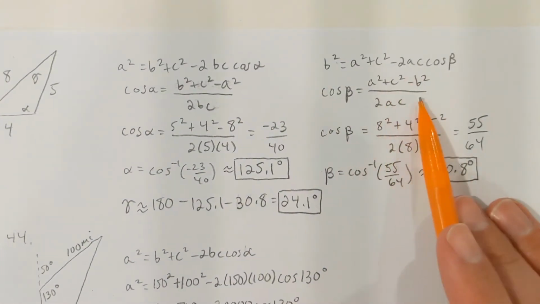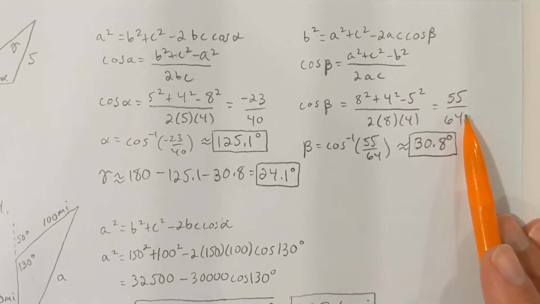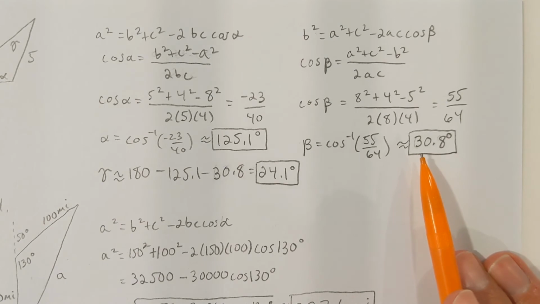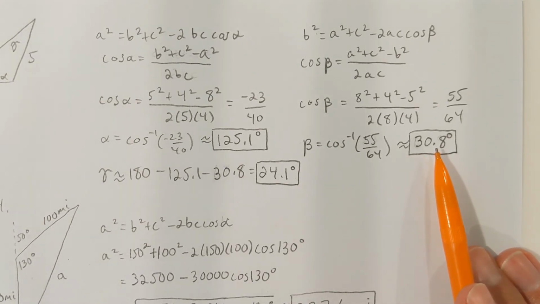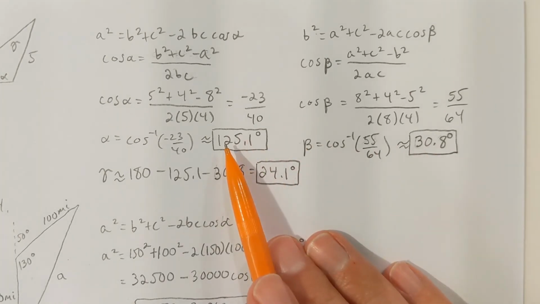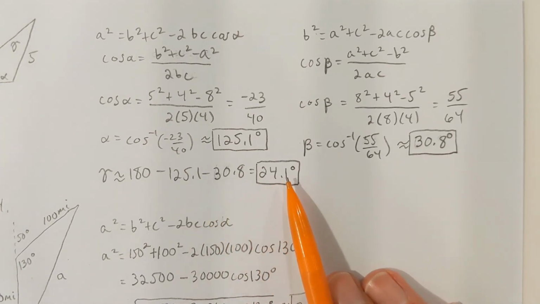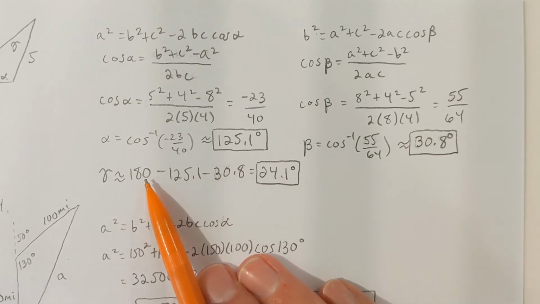So I've plugged in the numbers into the appropriate spots on the right, and then simplified, and then take cosine inverse of both sides, and I'm getting beta to be roughly 30.8 degrees. If alpha is 125.1 degrees and beta is 30.8 degrees, then gamma would be 24.1 degrees, since if you add all three of these angles, you'd get 180 degrees.